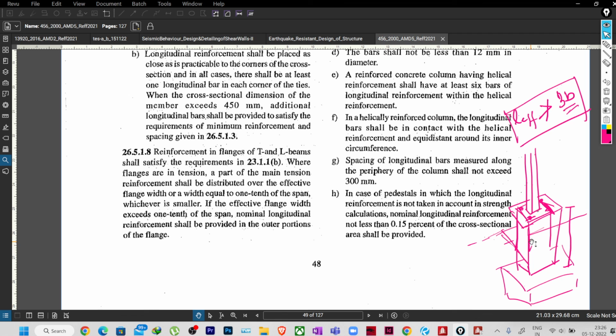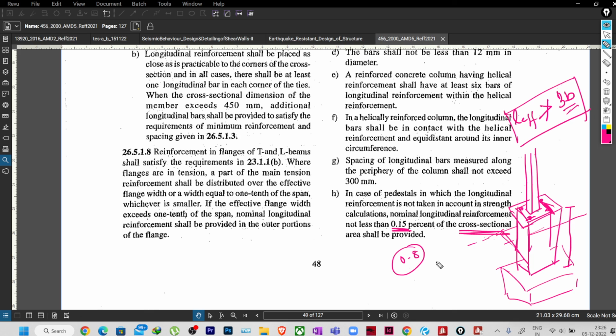Suppose there is no requirement of longitudinal reinforcement, the concrete that we have provided is itself enough. In such cases we will not provide 0.8%, we will provide 0.15% reinforcement.